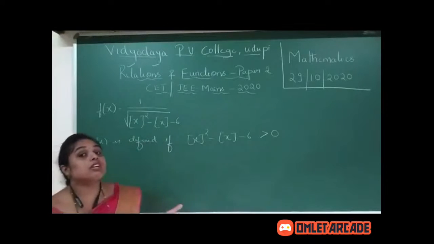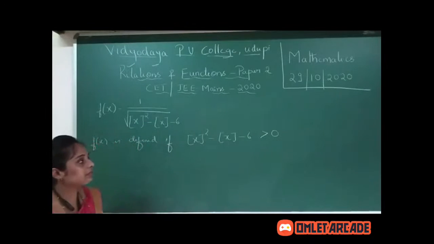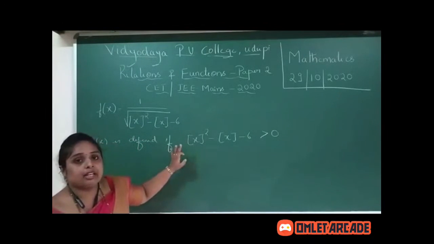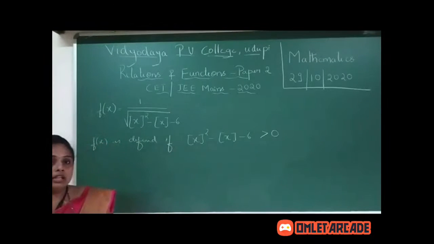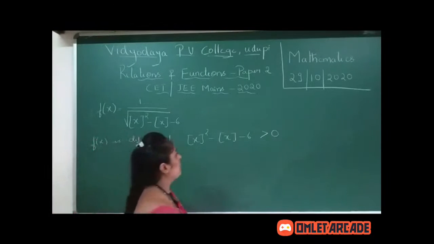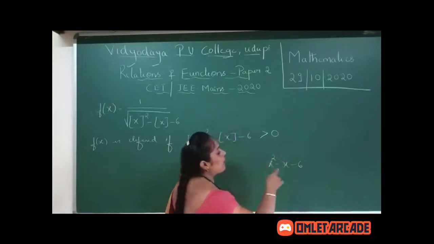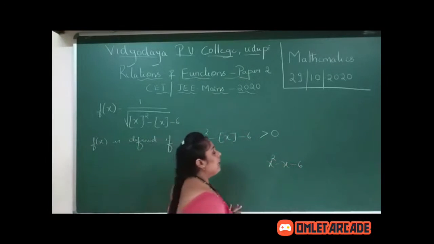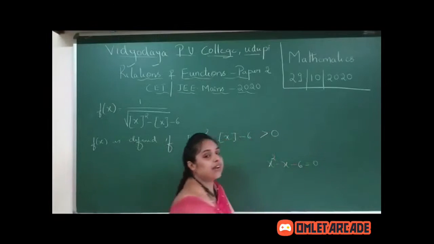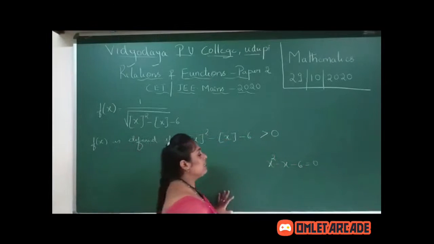First, let us find the domain for this. For the time being, take the greatest integer x as x only. x square minus x minus 6 is equal to 0. If I factorize, what will I get?